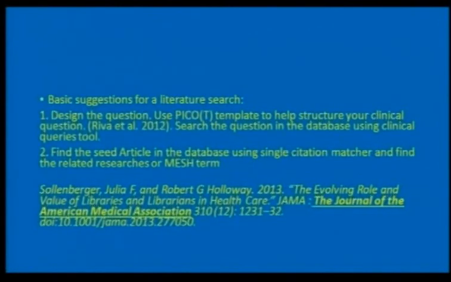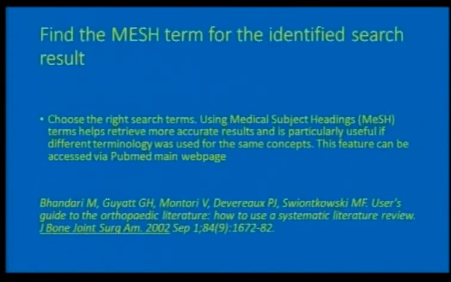A non-clinical person may use terms like replacement and so on, so there are specified MeSH terms for those people. But for surgeons who know the exact term, you can find the article that closely matches your topic, and then go to the related articles. That's what I usually do.